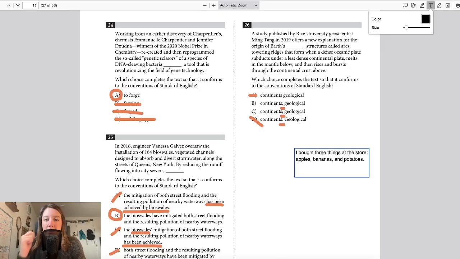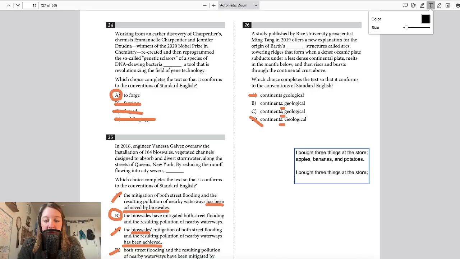And then if you were to say, I bought 3 things at the store, semicolon, we could put all kinds of stuff at the end here. We could put, it was pretty crowded there for a Tuesday, right? So you don't have to be defining anything, right? You could also say something like, I bought 3 things at the store.